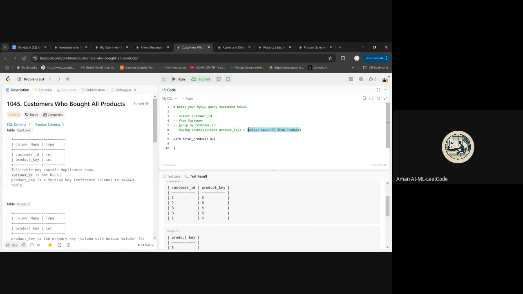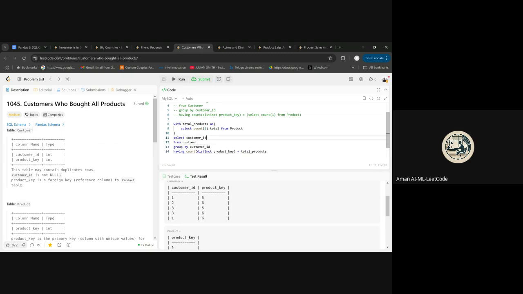The total product like this, just select customer ID from customer group by customer ID having count of distinct product key equal to total products.